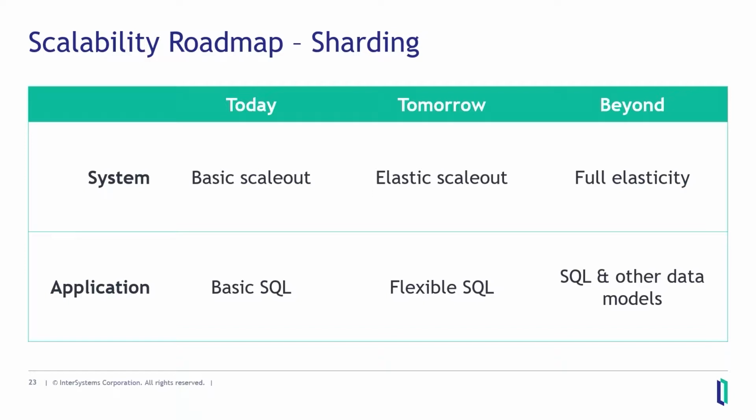So that's 2-3 years ago when we started to build this sharding capability, and we were really looking at it from an engineering point of view, with a focus on overall system performance, getting the most out of your system, and making sure that we get all of the fundamental engineering right, so that we can meet these SLAs, we can meet these performance requirements that these customers have. And we're going to meet them for the SQL scenarios that were presented to us in the first place. So that's the basic scale out and the basic SQL that we implemented in the first round.